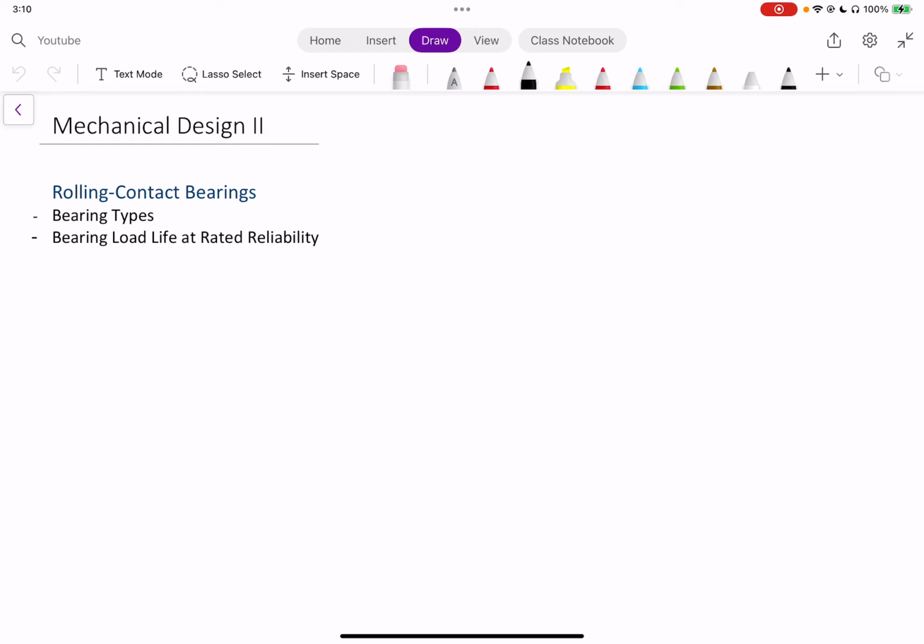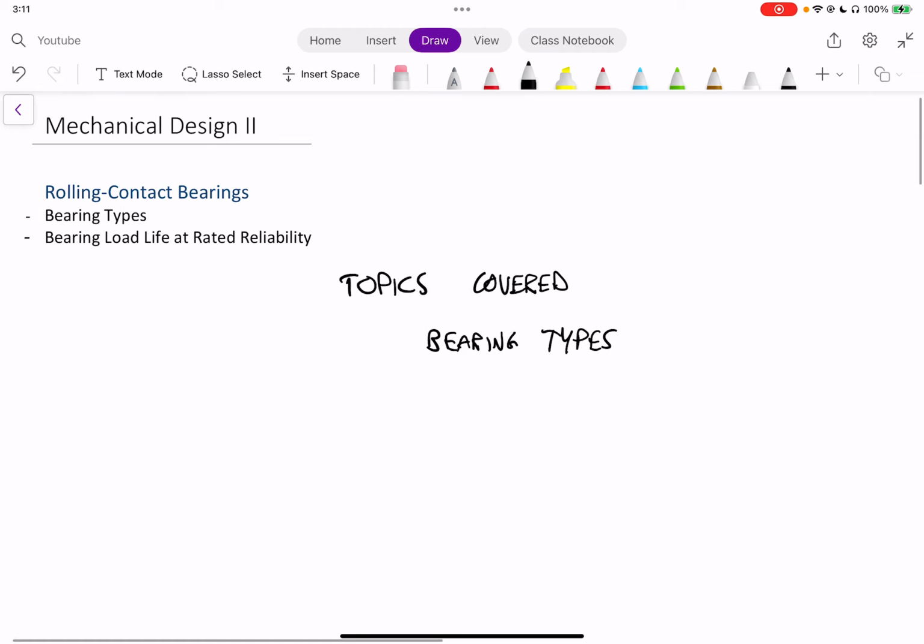I'm going to go over the topics that we're going to cover really quickly. Topics covered: we're going to cover the bearing types, and we'll look at bearing types today, but we'll look at that more in depth as well. Bearing life, and we're going to look at load life, which we have in our title here, at rated reliability.